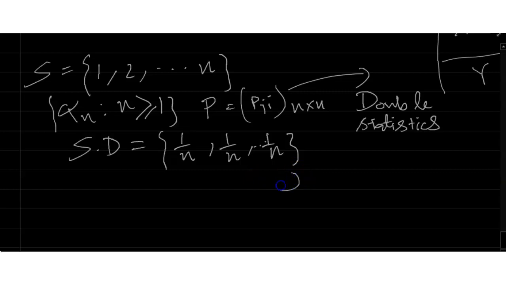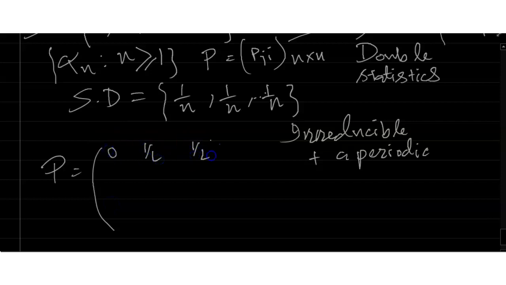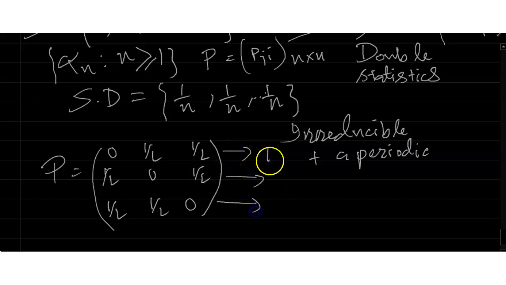Now the limit, this should be irreducible. So friends, if the question asks this way, that P equals to 0, 1 by 2, 1 by 2; 1 by 2, 0, 1 by 2; 1 by 2, 1 by 2, 0, then you get that after adding, you get 1, this is 1, this is 1, and in here you get 1, 1, adding, and 1.